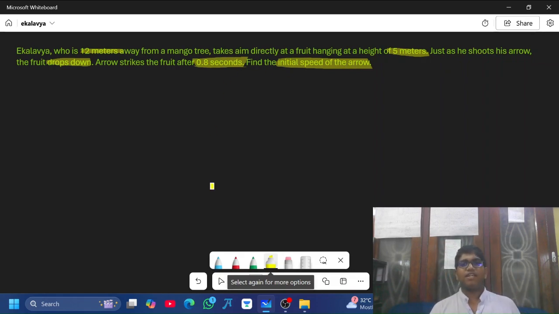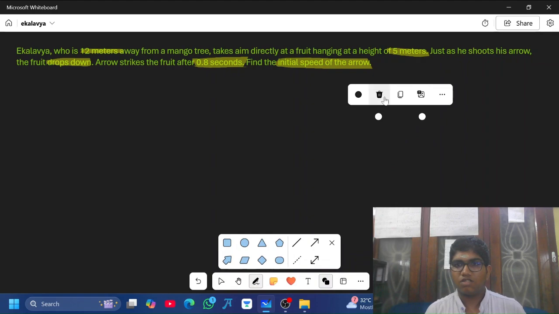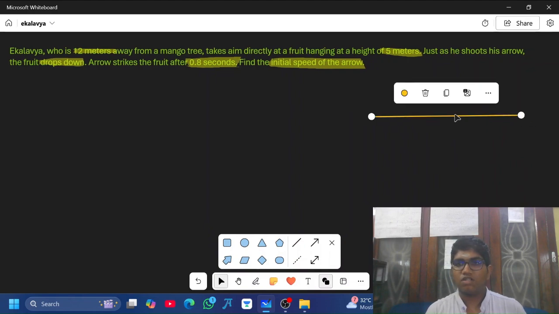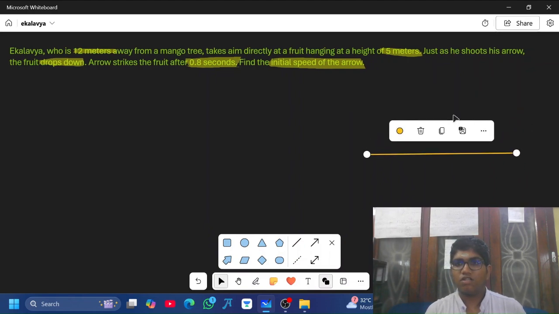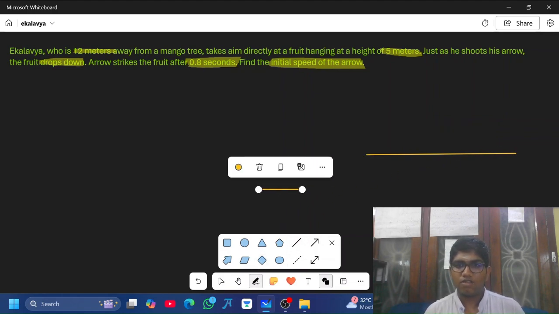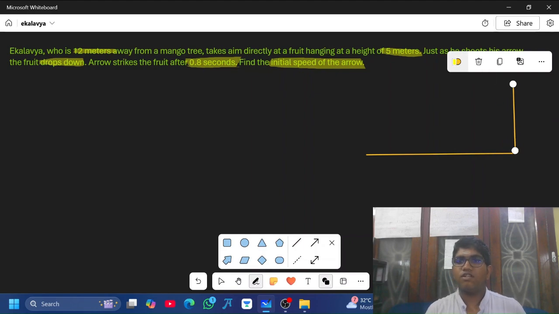So basically, the situation we have is, I'll sketch it here. I'll create the rough diagram. So there's a tree here, right? There's a tree here.